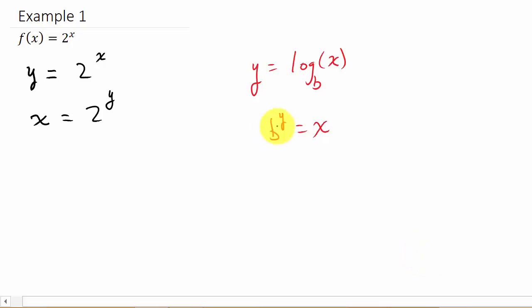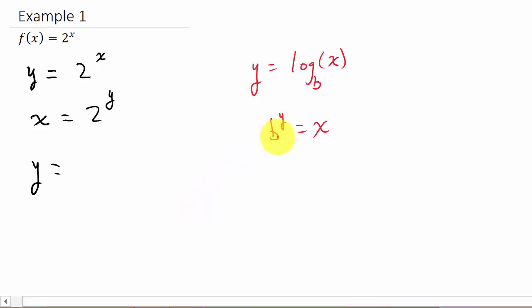Well, what we're going to do is take this exponential form and convert it to logarithmic form. All right. So you see the exponent in the formula? That's over here on this side of the equal sign. So that's y equals, okay.